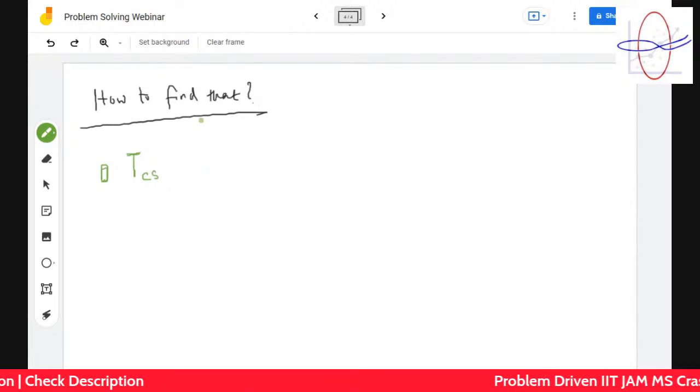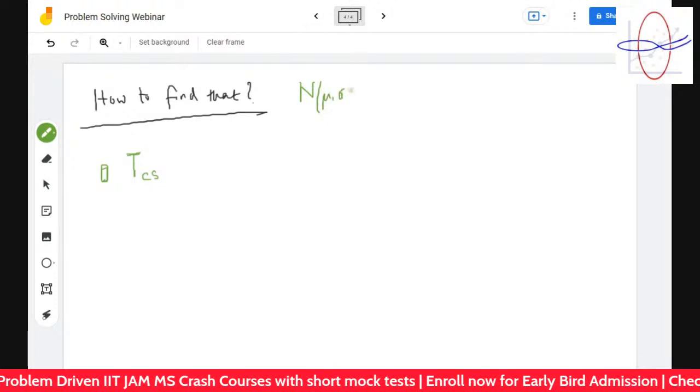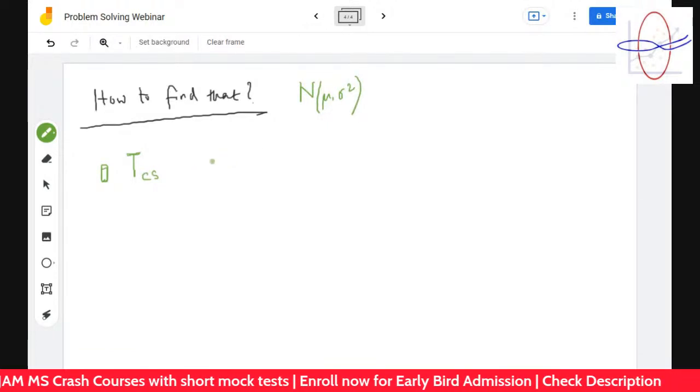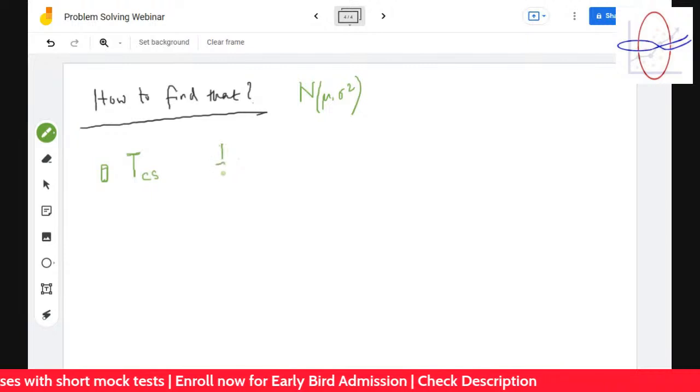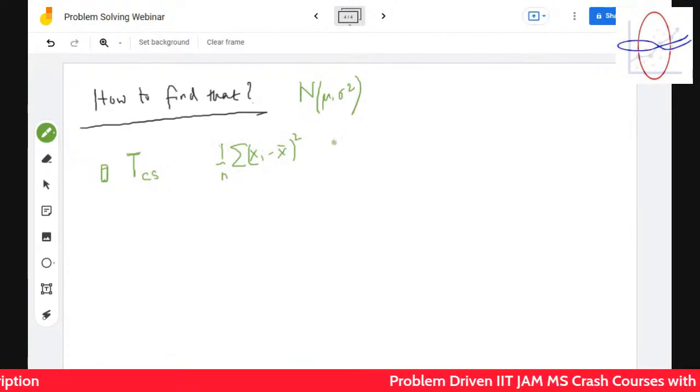For example, let's take normal mu, sigma square, and you know that for sigma square, the complete sufficient statistic is 1 by n summation (xi minus x bar) whole square. But you know that this is not unbiased.